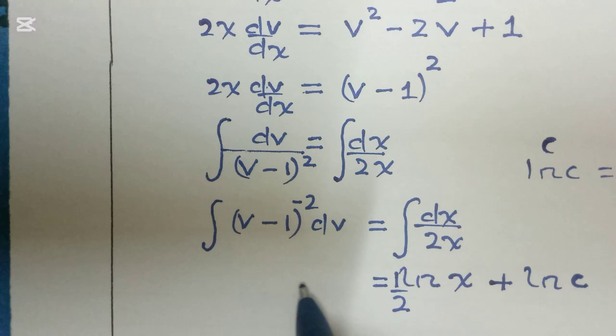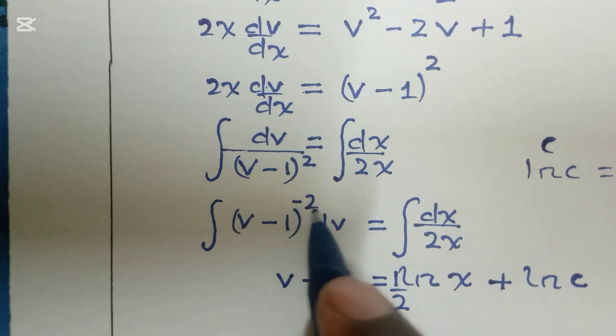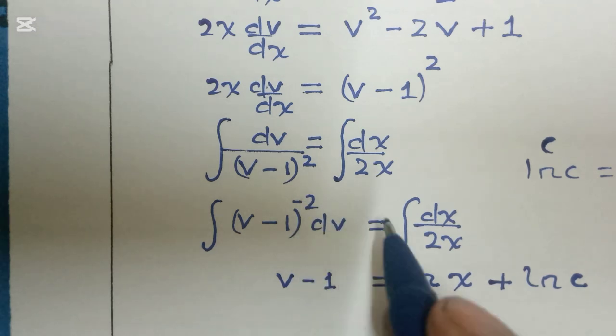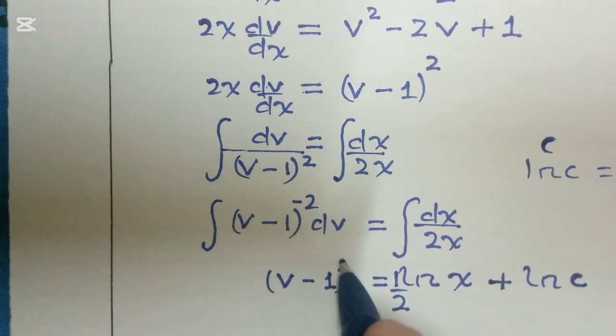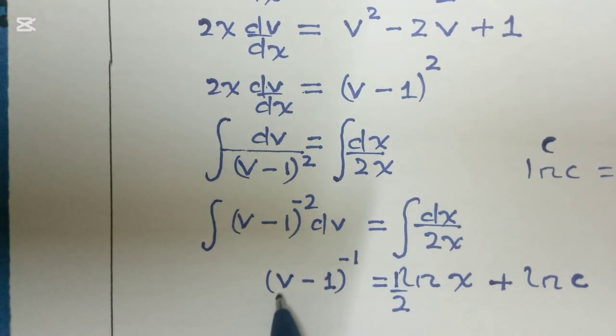v, it's going to be v minus 1, that is minus 2 plus 1, we get here minus 1, like that. And then we are going to have a minus here, because we are going to have minus 1 here down, of course, this represents a minus on this side.